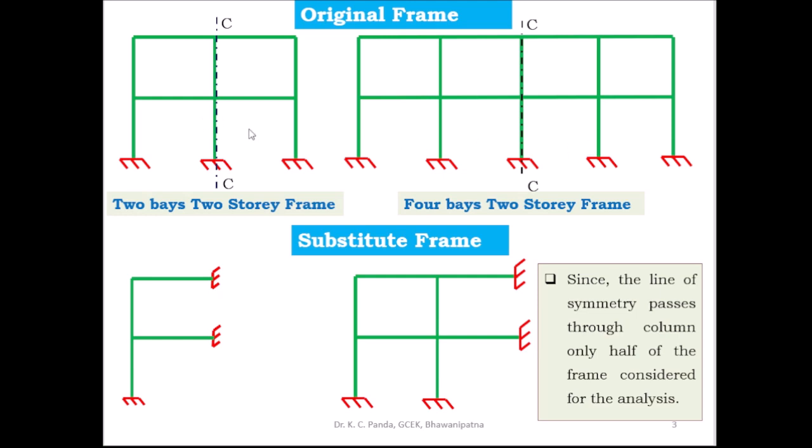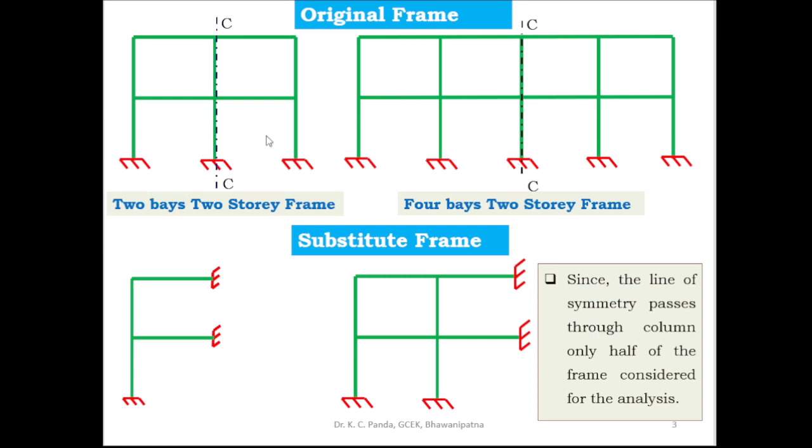So when the number of bays is even, the line of axis passes through the column line. Here this is the line of axis which passes through this column, and in the 4 bay frame, the line of axis passes through this column.